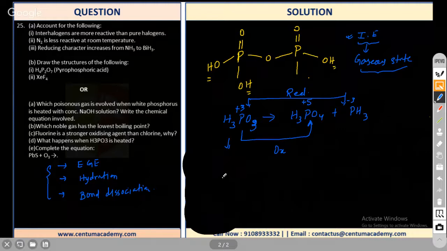What is this product? The last one, PbS plus O3, not O2. What is the product we get here?